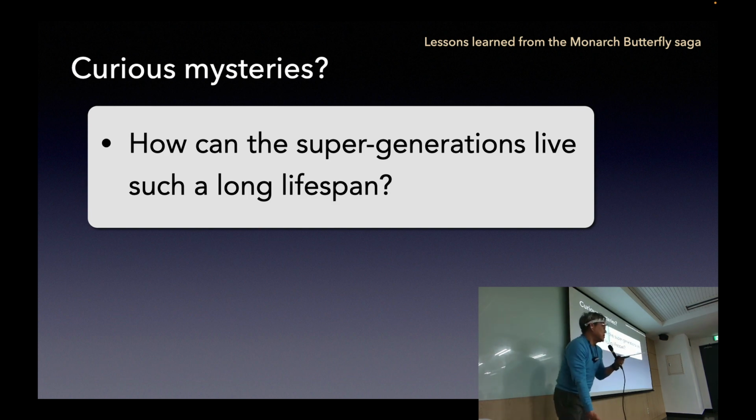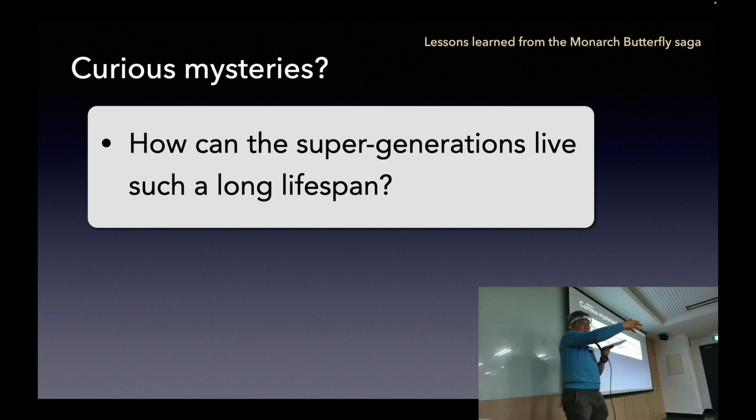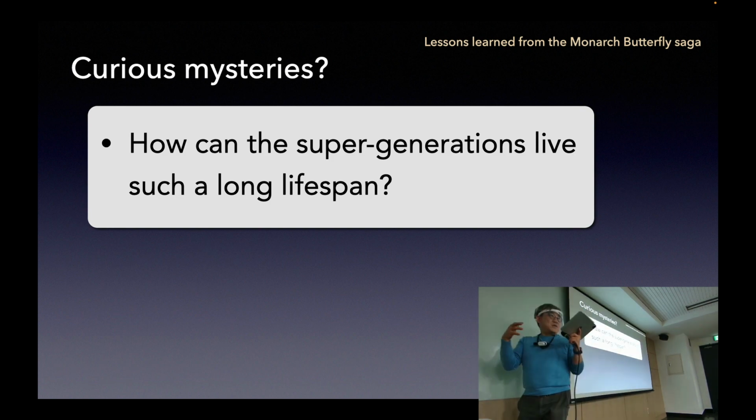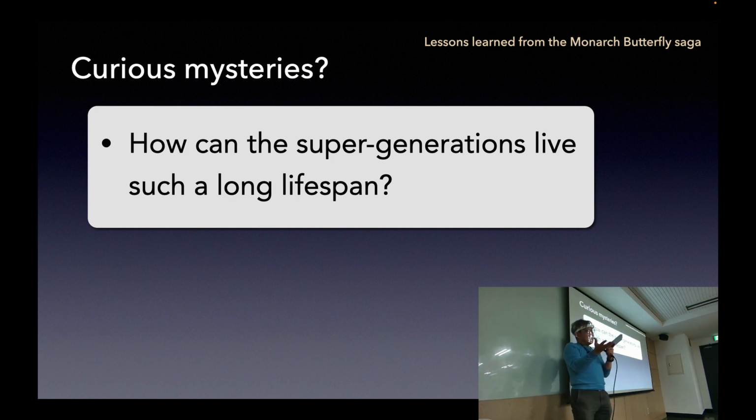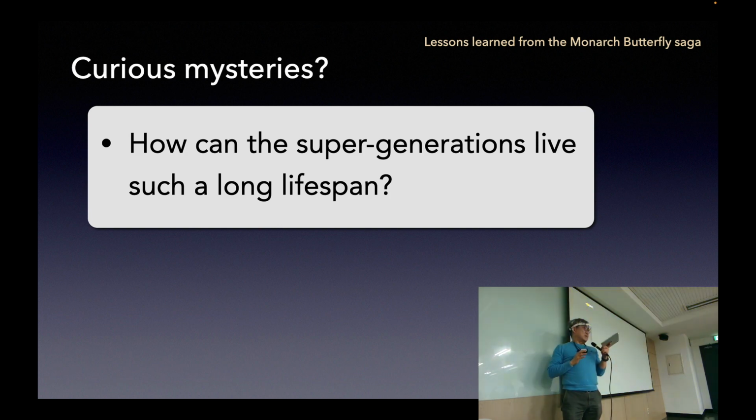And then the next generation disappears, and another fourth generation appears that can live such a long life, over 8 months. And there is a reason why. So you read about that. It's a very curious mystery, and we would really like to learn the magic of it, so that we can apply the same thing to humans and live something like 200 or 300 years.